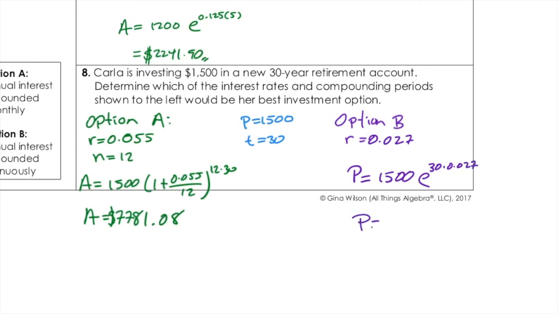When we go to our calculator, this is 371.86, and clearly option A is better for her because it's giving more money. And that's it for this lesson. May the force be with you.